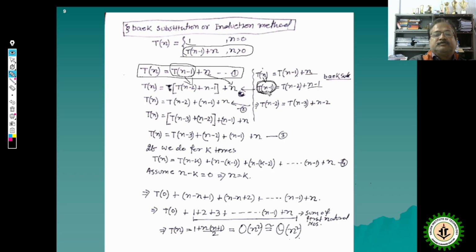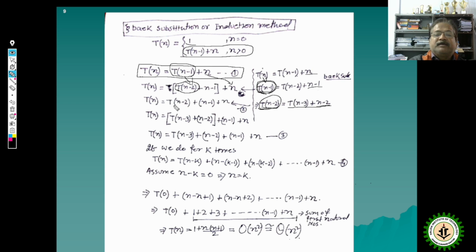Again I substitute: Tn minus 2 becomes Tn minus 3 plus n minus 2.